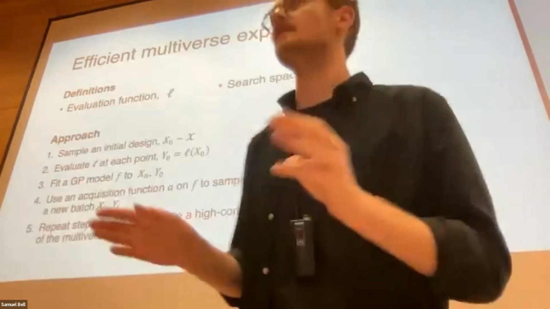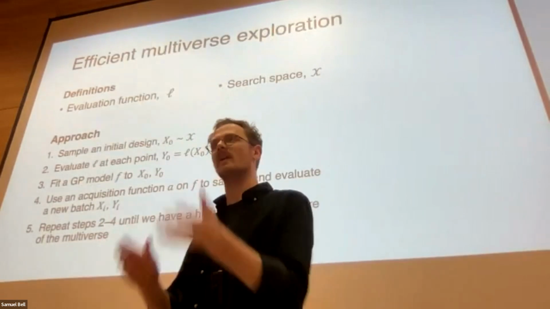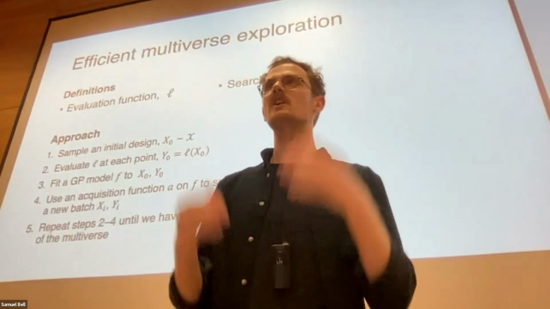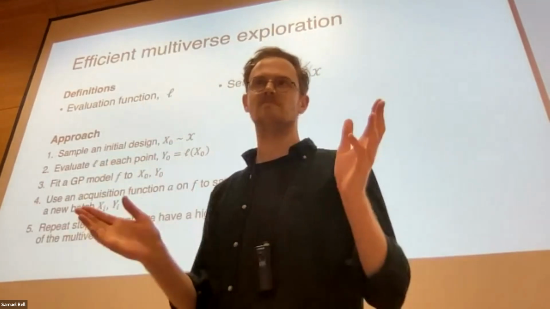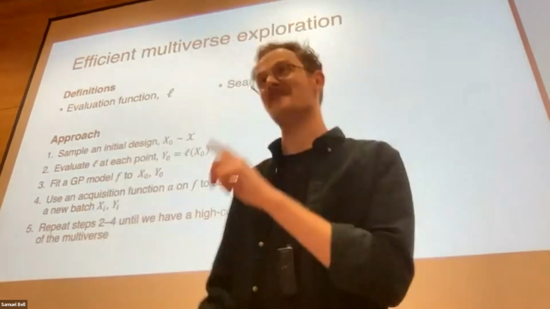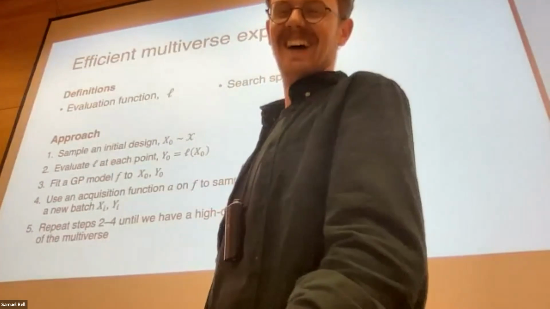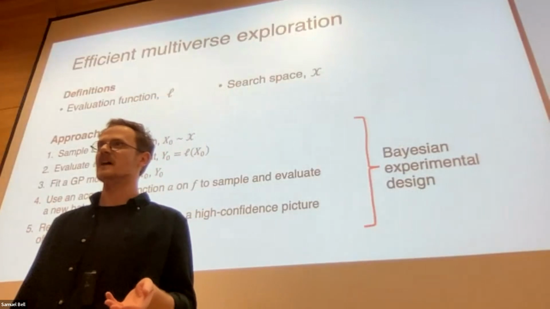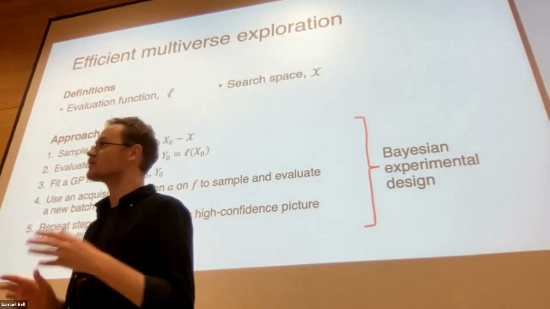And then we're just going to repeat that process until some stopping criterion. What I've specified here is until we have a high confidence picture of the multiverse, but it could be until you run out of money, for example, which is exactly what happened to me. So this should be pretty obvious: this is basic experimental design applied to the space of researcher decisions and conclusions.